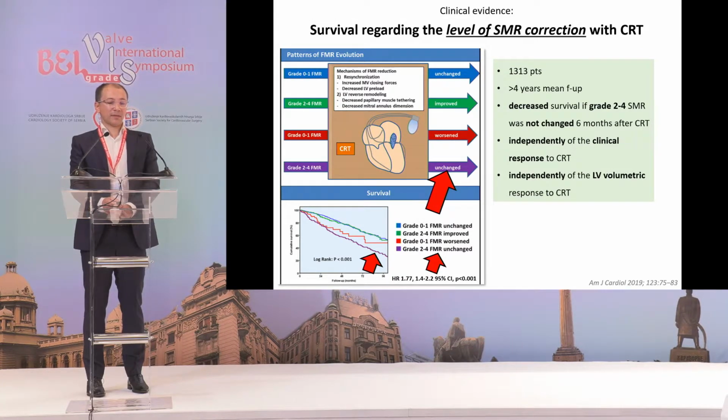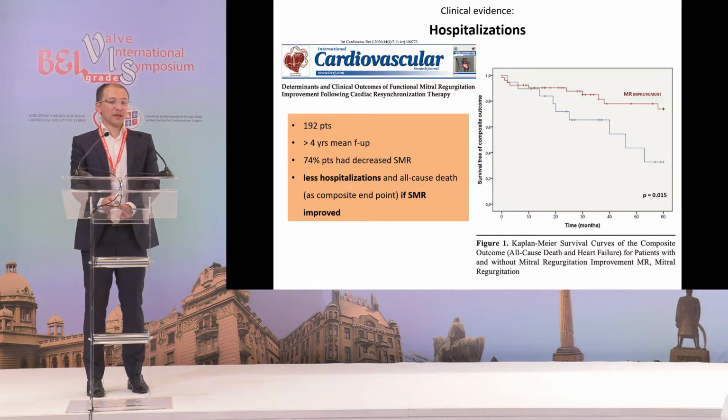To je na Kaplan-Meyerovoj krivoj poslednja linija. Sad, ovde je još interesantnije što je ovaj efekat bio nezavisan od odgovora na CRT i nezavisan od volumetrijskog odgovora na CRT pojedinačno.